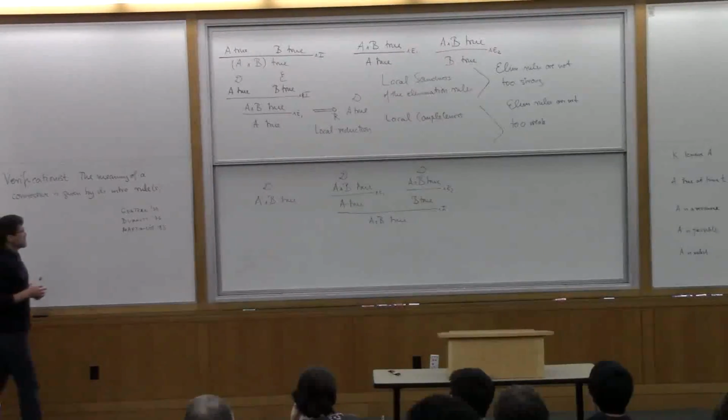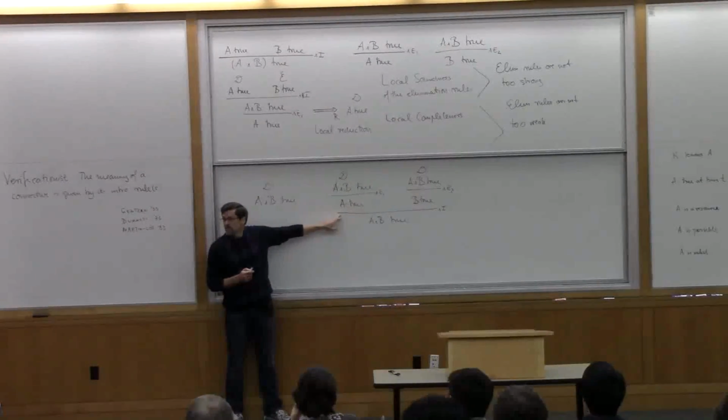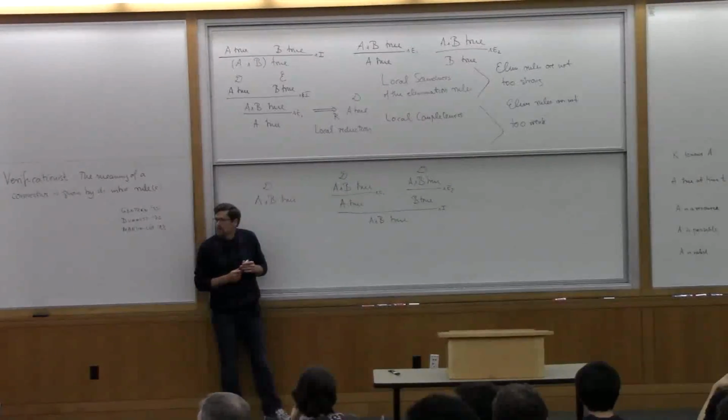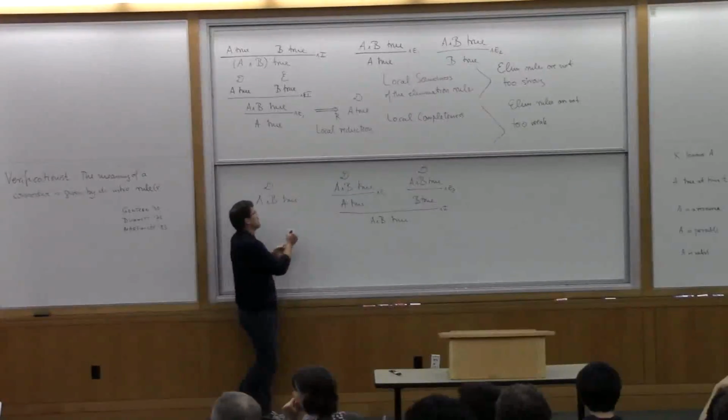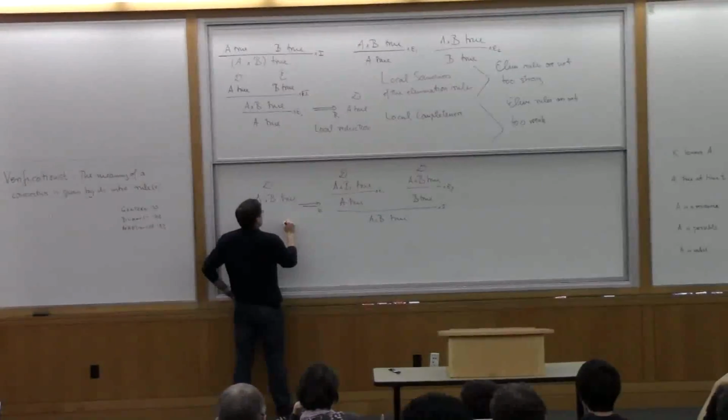With local completeness, you just want to check that if I have an arbitrary proof, I can get one that ends in the introduction rule after I apply some eliminations. So there is a proof that ends with the introduction rule. So this thing here is called a local.